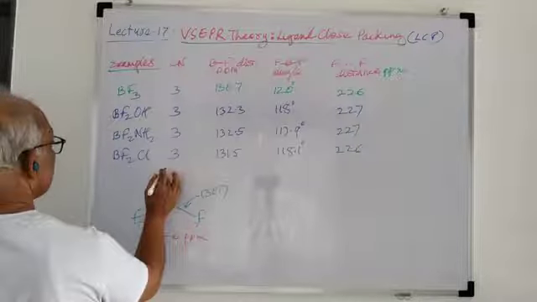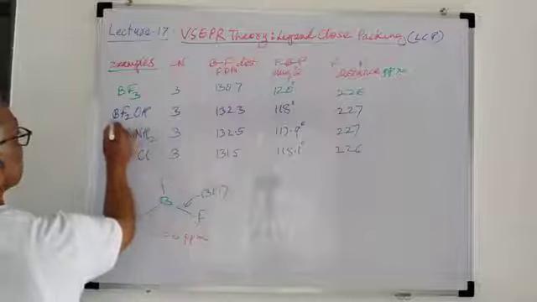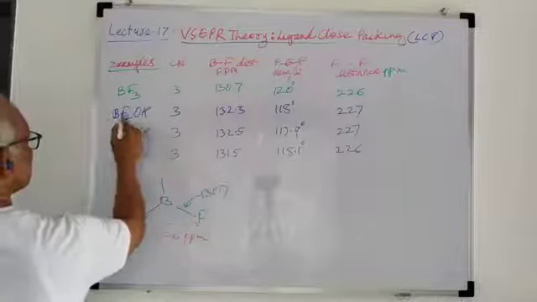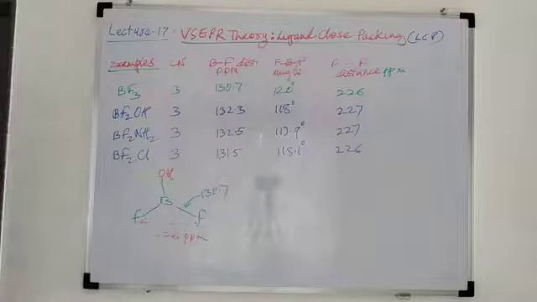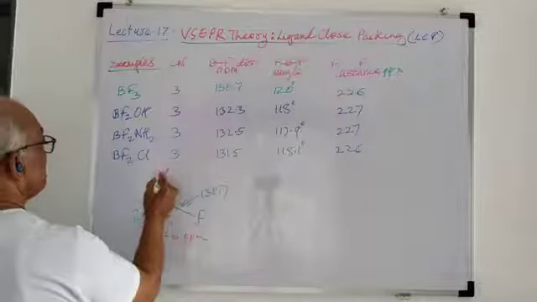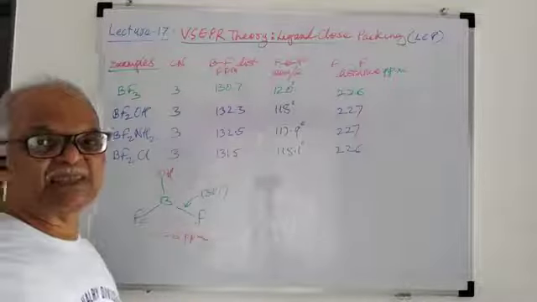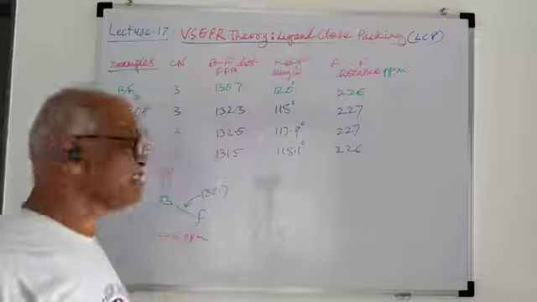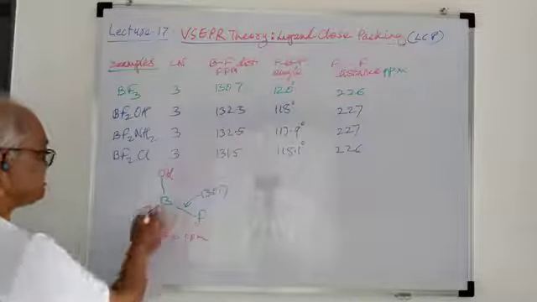Now if we see this BF2 here, it is OH. The oxygen is strongly electronegative compared to boron.